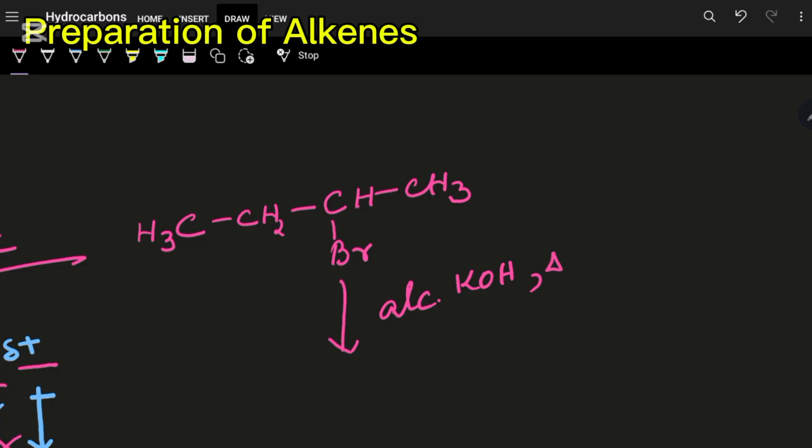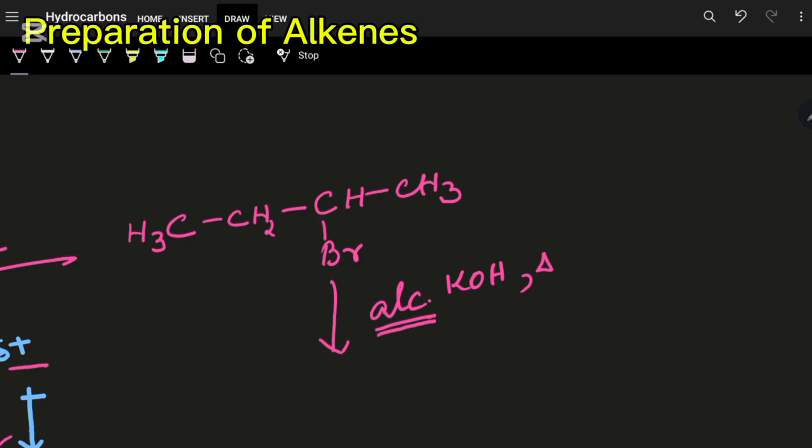Remember, this should be alcoholic, and mentioning that it is alcoholic is very important, because if I use aqueous KOH, the mode of the reaction will change. My major product will be alcohol. But here, since I am using alcoholic KOH, my major product will be alkene.